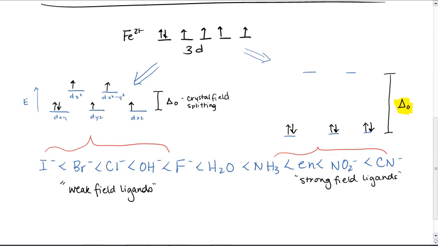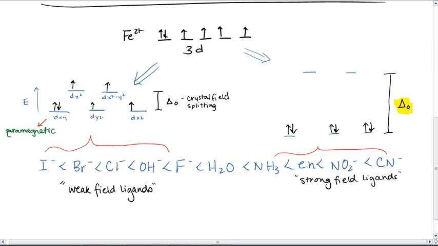This difference, in the fact that in one case we have a lot of unpaired electrons, or unpaired spins, which is what they actually refer to them as if you think about quantum numbers and the spin, leads this to be paramagnetic.